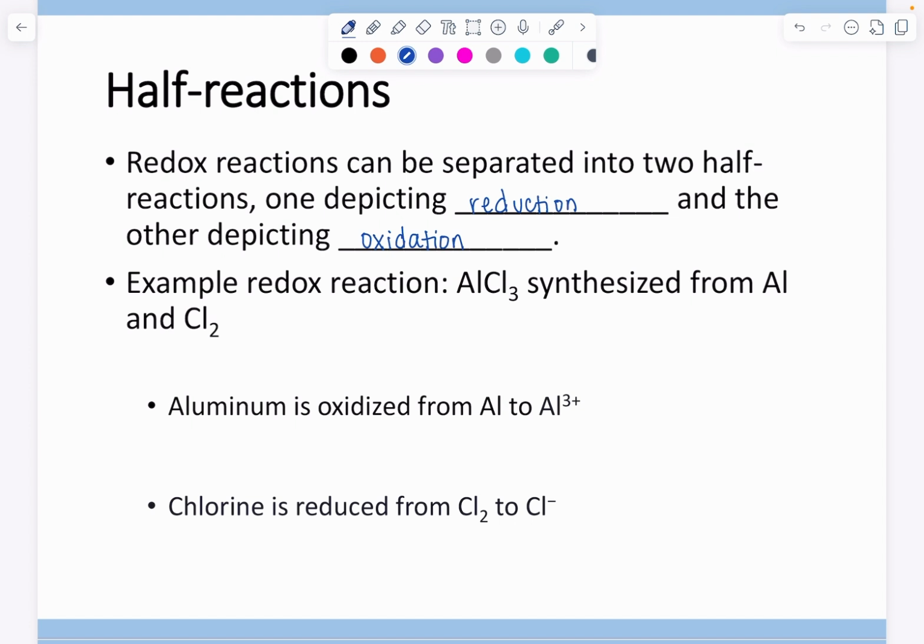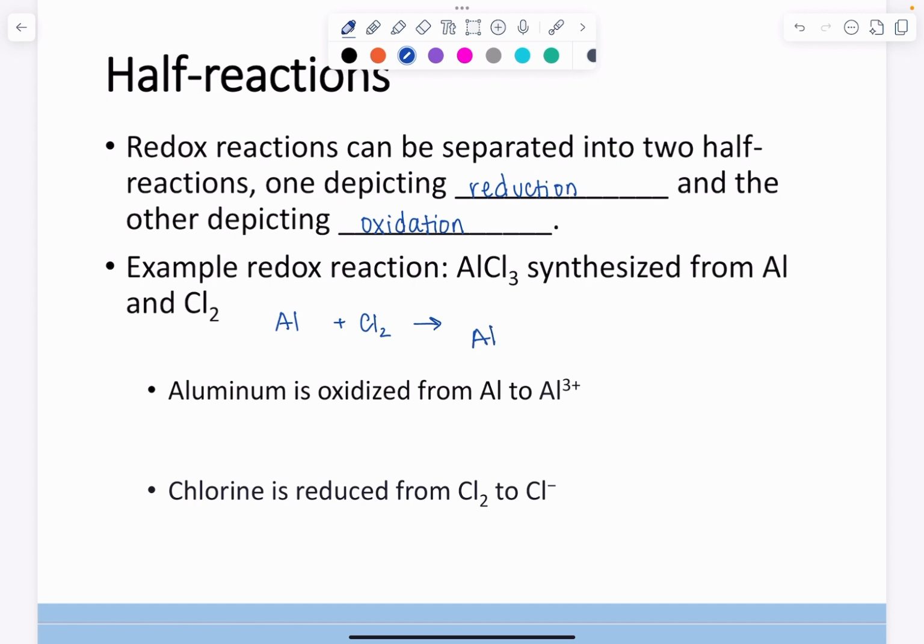So we can write this out as aluminum, which is a metal, so that would just be on its own, Cl2, the diatomic gas, these combine together to form AlCl3.